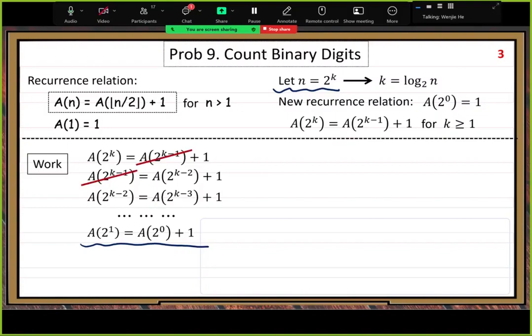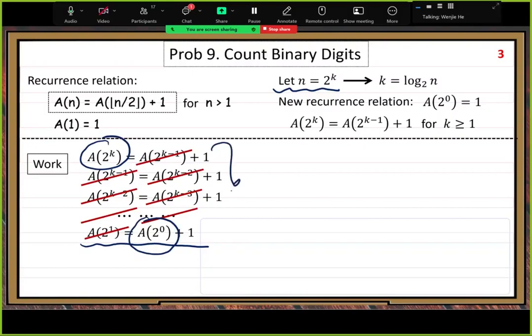The first cancellation like this, that's kind of diagonal, slant cancellation. Second cancellation, third cancellation, and so on. And then the last cancellation in this fashion. After all the cancellations, you can see on the left-hand side only this one number is left. Right-hand side, only this 1 number is left.